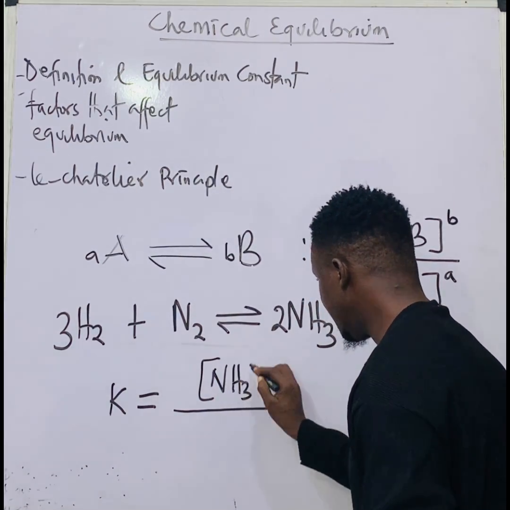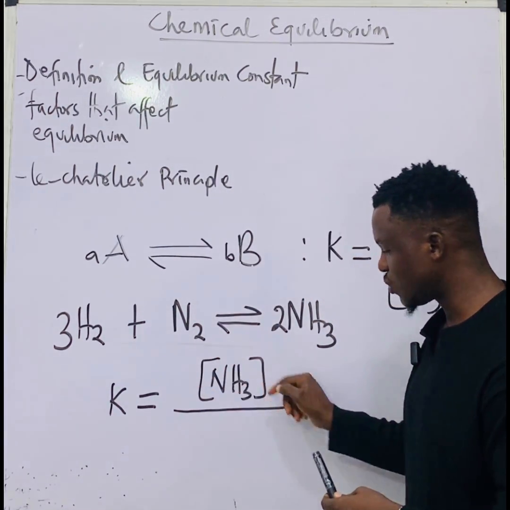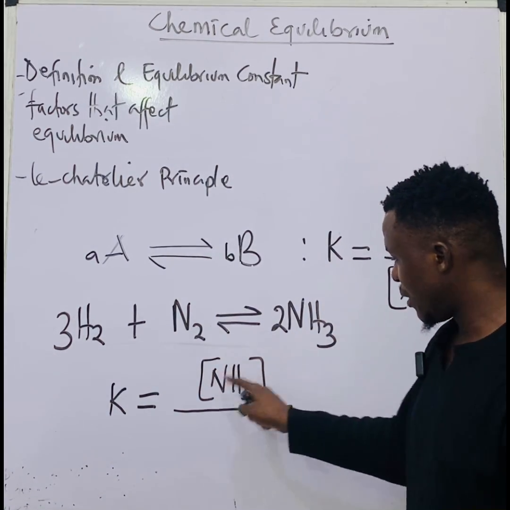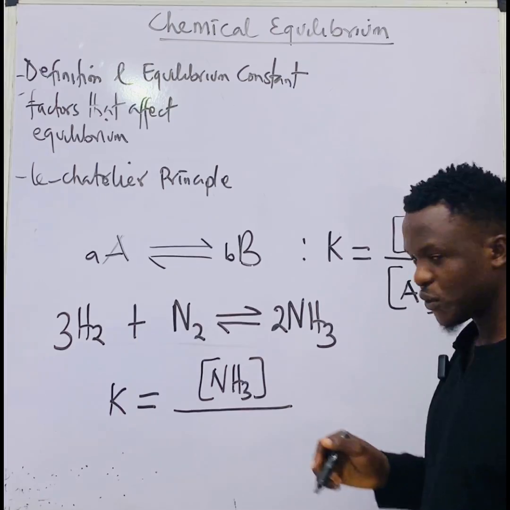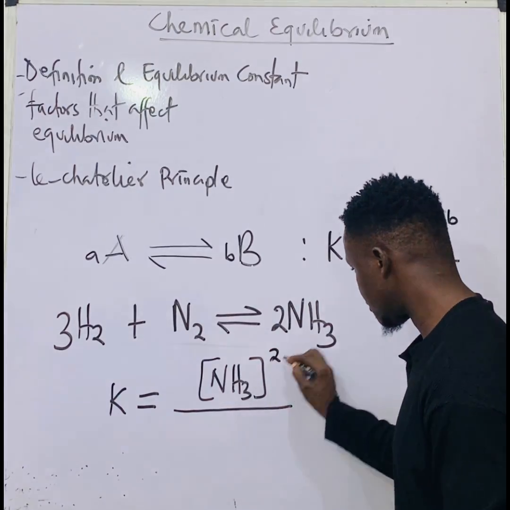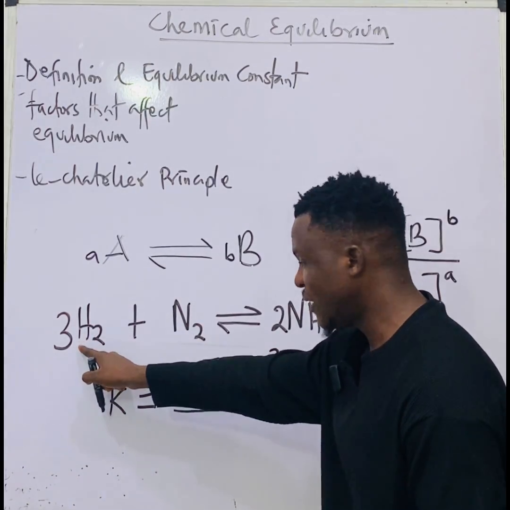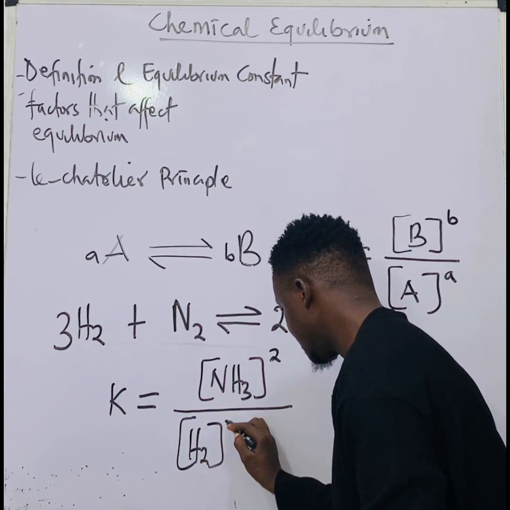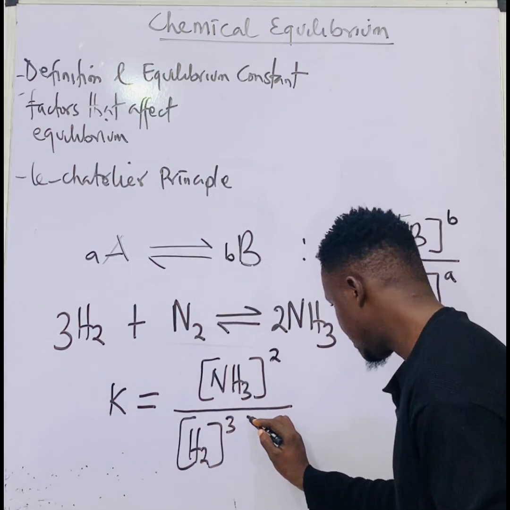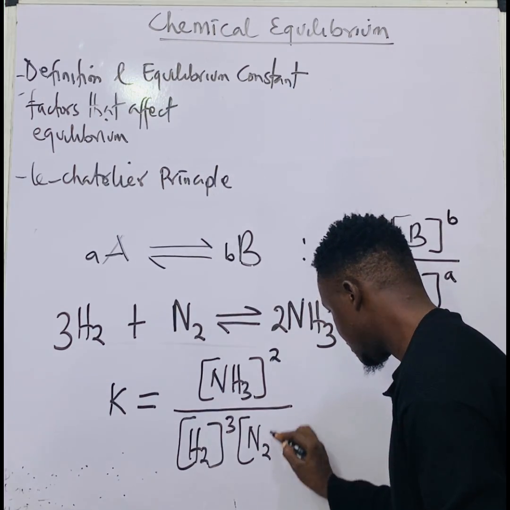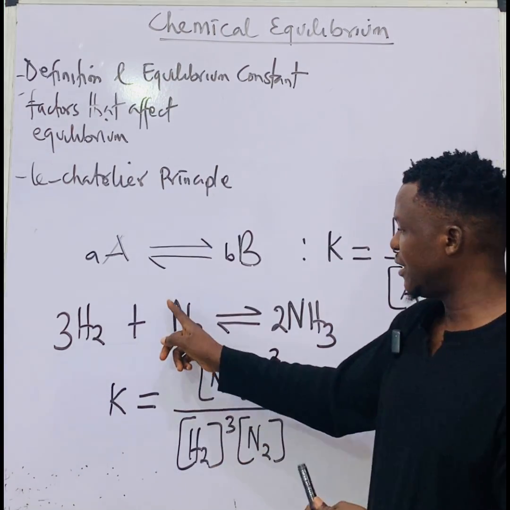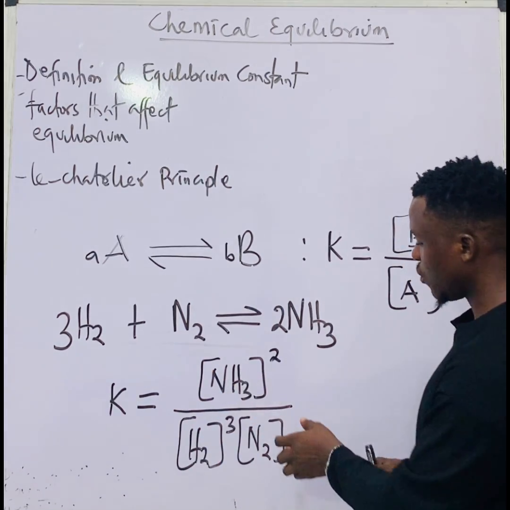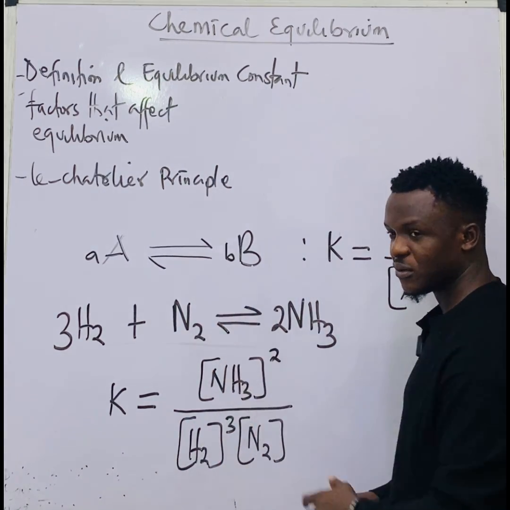Please remember, it is concentration, so that is why we are putting the square bracket, raised to the power of 2, which is the coefficient, all over hydrogen, the first reactant, times nitrogen. There is nothing written for the coefficient here, so it is assumed to be 1. So this is the equilibrium constant expression for this reaction.